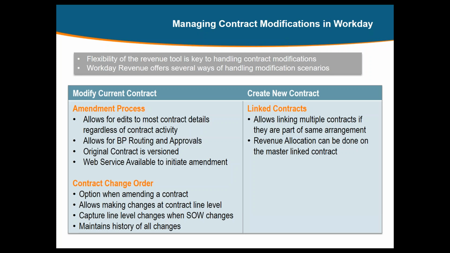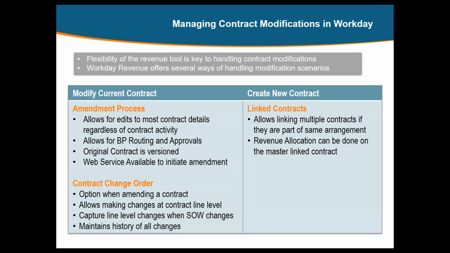And then the third way we allow that is you're not really amending the existing transactional contract, but you are choosing to create a new contract. In that case, you can create a new contract, do whatever changes you need to do, and create separate performance obligations for the delta from where you are today.